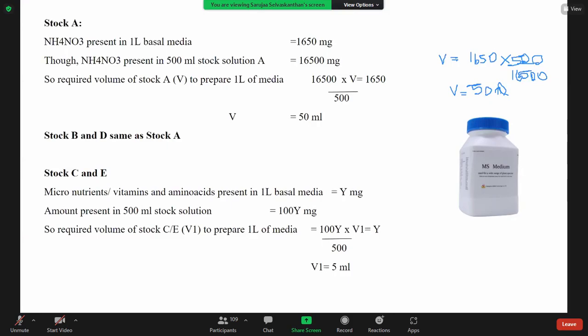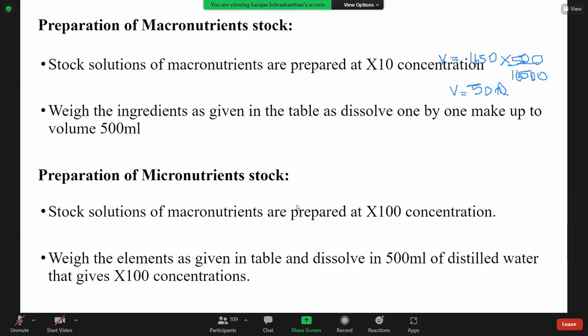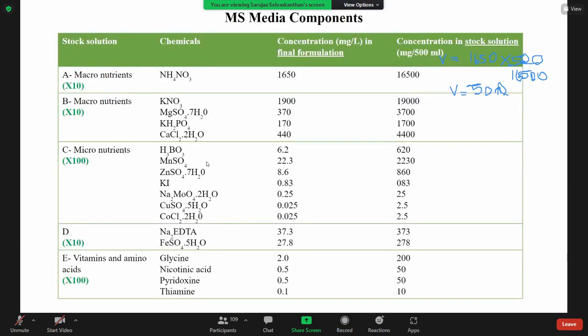Then what is the amount of micronutrient present in 500 milliliter stock solution C? 100 Y, right? 100-fold higher, no? Here 6.2, we multiplied to get 620, 100-fold, right?